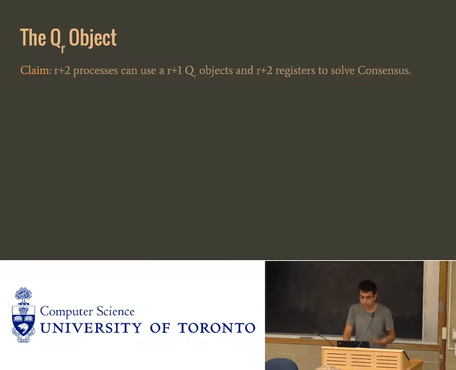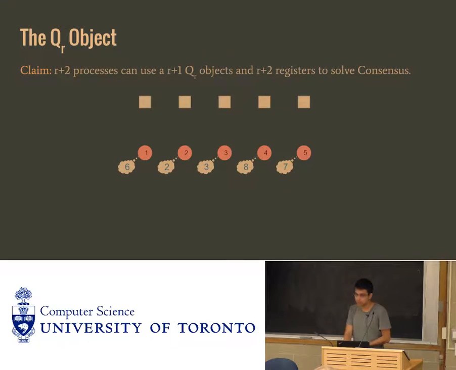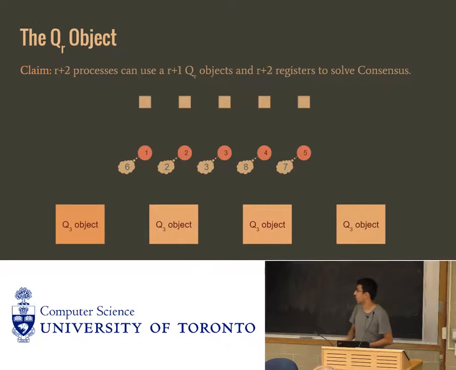So how can R+2 processes, how can 5 processes, use Q3 objects and registers to solve consensus? Now, suppose you have 5 processes again. They've each got their input values, and you have 5 registers. Instead of a single Q3 object, suppose you now have 4 Q3 objects. How does this make a difference? We can start off in the same way, with each process announcing their value in their registers.